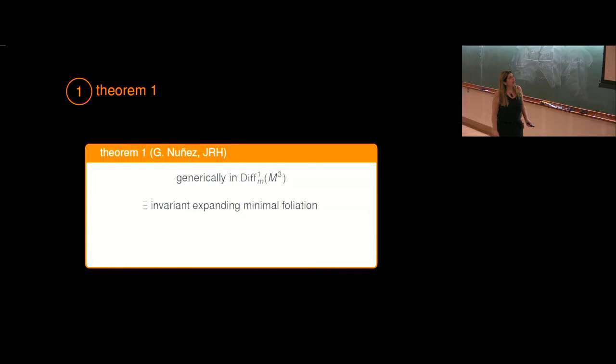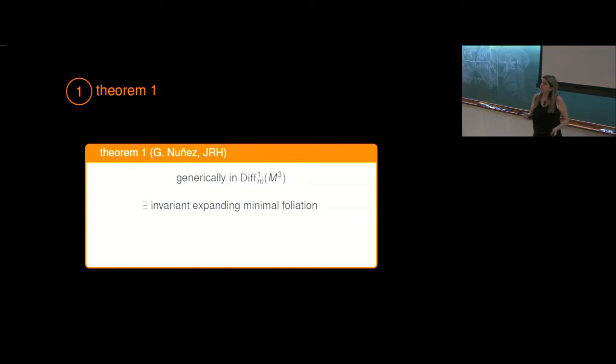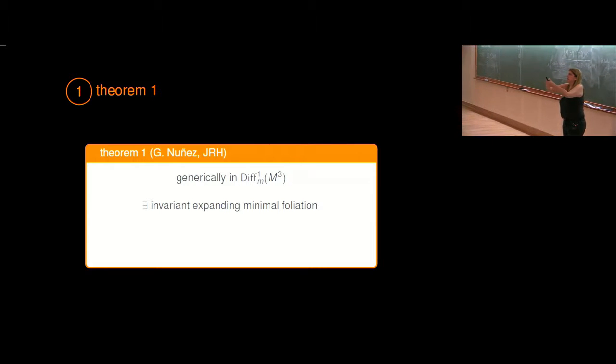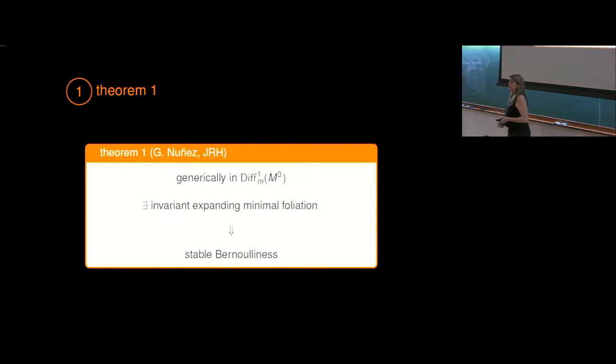If you have an invariant expanding minimal foliation, you know what that is. It's a foliation where the derivative on the tangent bundle expands more than 1. Minimal means that every leaf is dense, okay? So generically, if there exists an invariant expanding minimal foliation, then you have stable Bernoulliness.